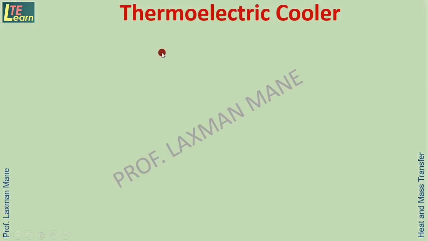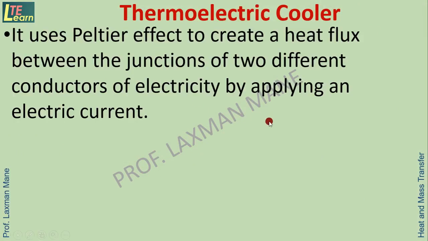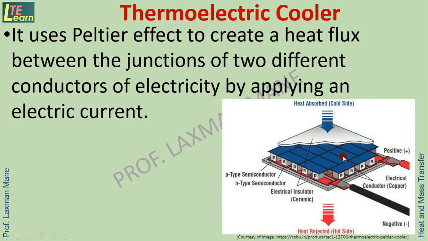In active cooling systems, one type is the thermoelectric cooler. It uses the Peltier effect to create a heat flux between the junctions of two different conductors. Here P-type semiconductor and N-type semiconductors are used. These are placed alternately in this way between the cover plates of electrical insulator material, ceramic.